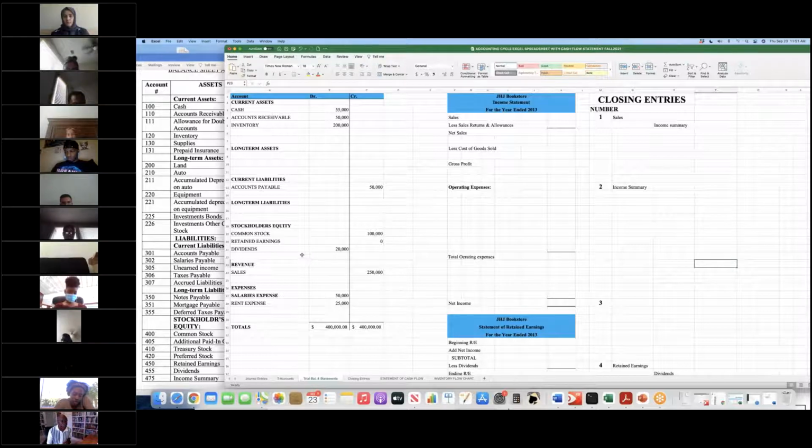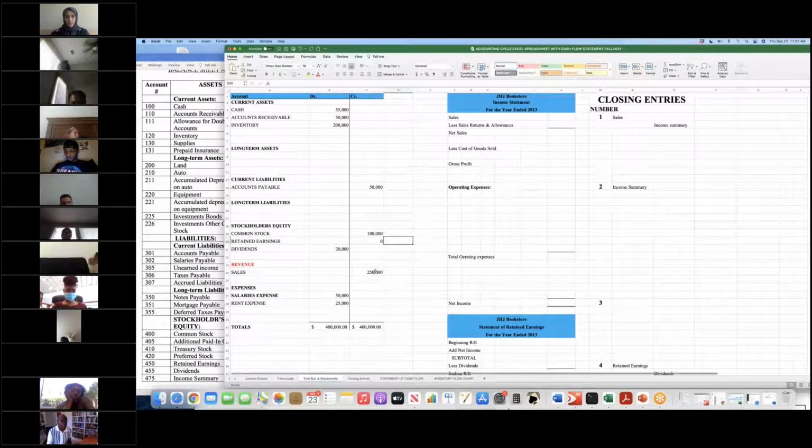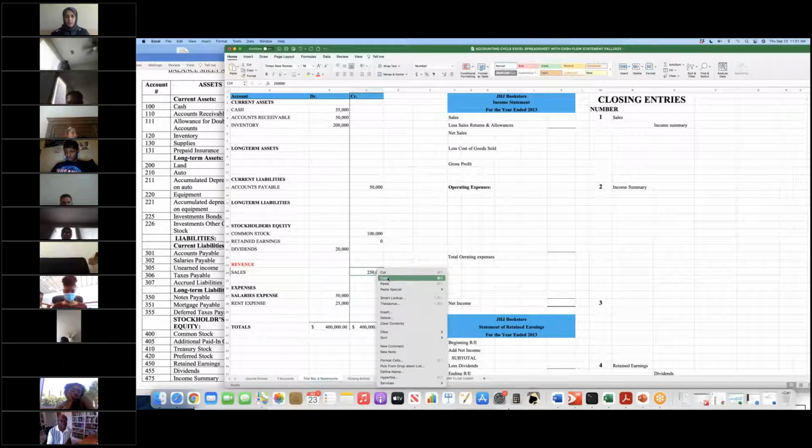And when we do the income statement, the income statement consists of all accounts from revenue down. And so when I get ready to do this income statement, I'm gonna get that, put it right here.